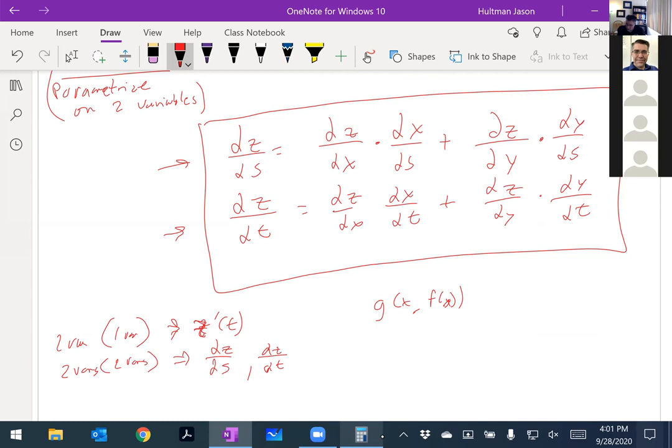What can we do there? We can take a partial of z with respect to x, and a partial of z with respect to y. But if you have a function inside a function, then you get the idea.